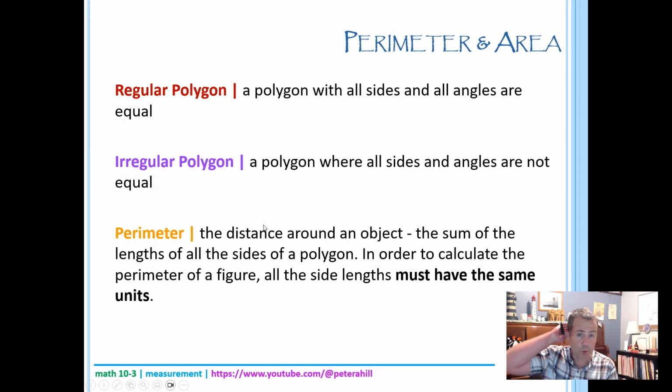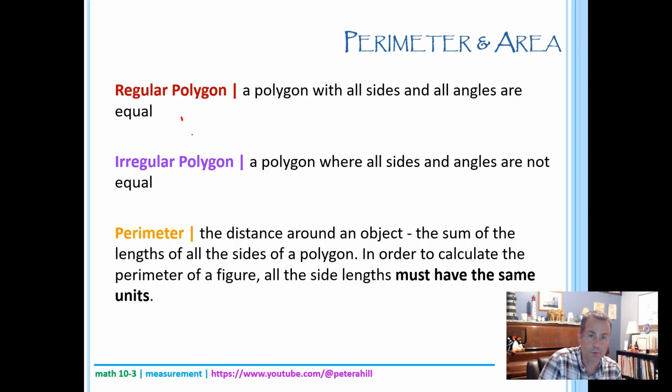Okay, so just a couple quick definitions for you. A regular polygon, what we mean by that is a polygon with all sides and all angles equal. So if I just turn on my ink here for a sec, we can think of a regular quadrilateral. A quadrilateral is a four-sided figure.